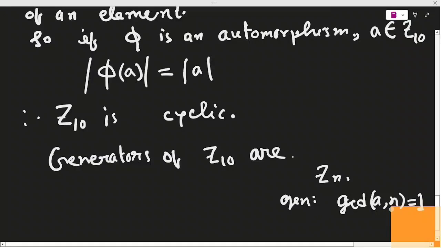It is possible that A is a generator of Zn whenever GCD of A and n is equal to 1. So you have to find such A such that A and n are co-prime.